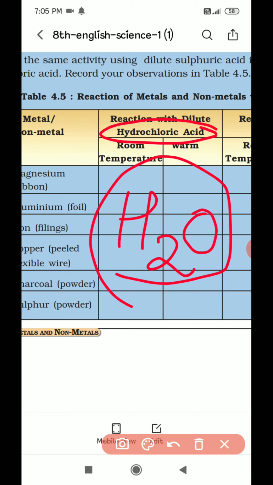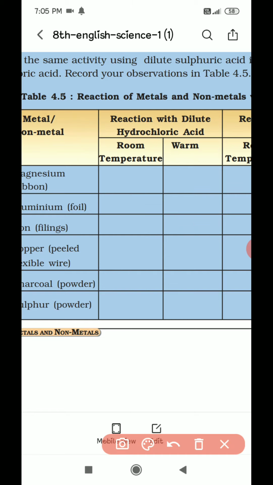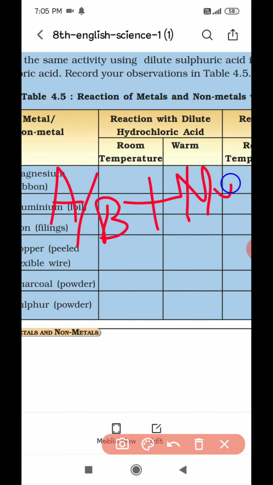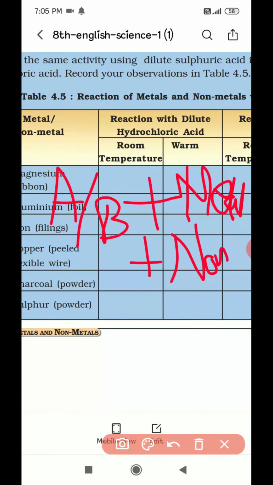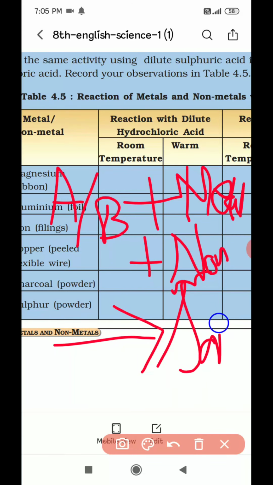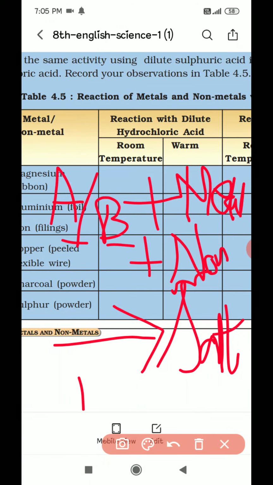Remember, whenever an acid or base reacts with a metal, or with a non-metal, the product we'll be getting is a salt, depending upon the acid and base we used, along with the gas called hydrogen.